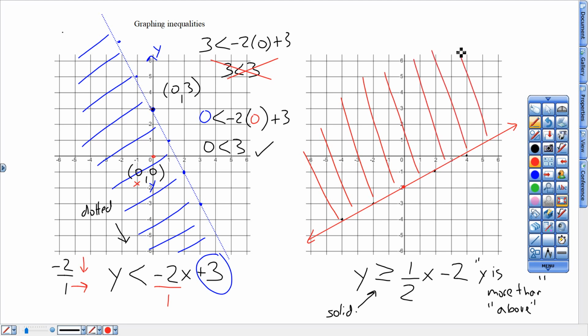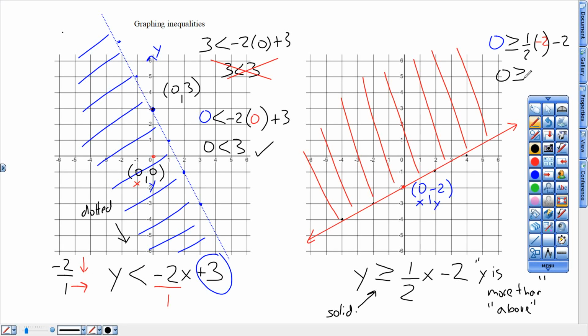Any point along that line for this one will work, because if you plug in a coordinate for x and y, let me show you what happens. You'll plug in 0 for y, and I'll have greater than or equal to 1/2 times 0 for that x minus 2. Let's see, what did I do right there?